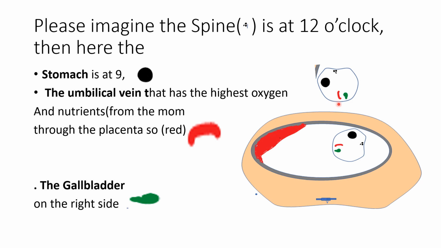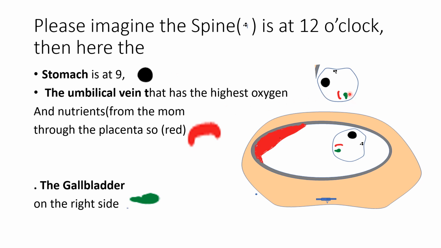Because of that, we showed it here in red. From mother, all oxygenated to the liver and then the heart and brain. So it is full of nutrient in the umbilical vein, not artery. And we have only one umbilical vein, but two umbilical arteries.